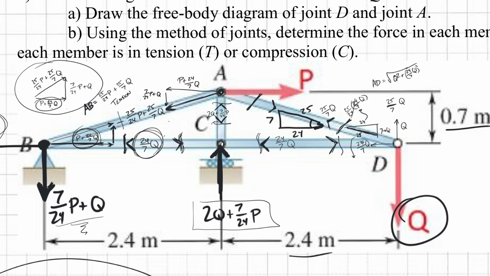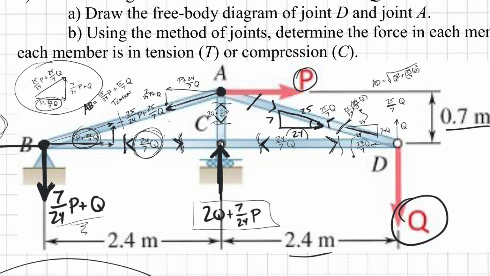The last thing you should always do in these cases is check this top joint right here, the joint that you didn't do, to see if it works. So let's see what we've got here. We've got P. So in the X direction, I've got P from this guy.